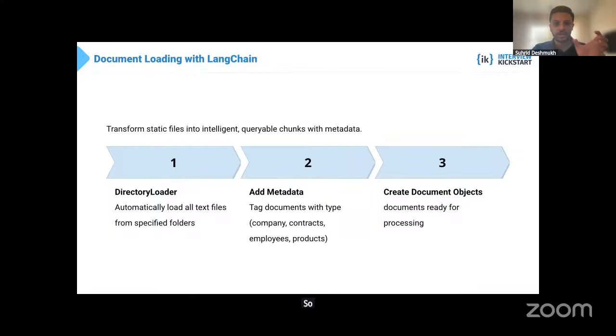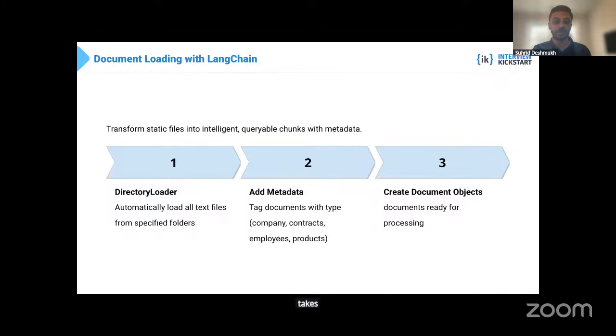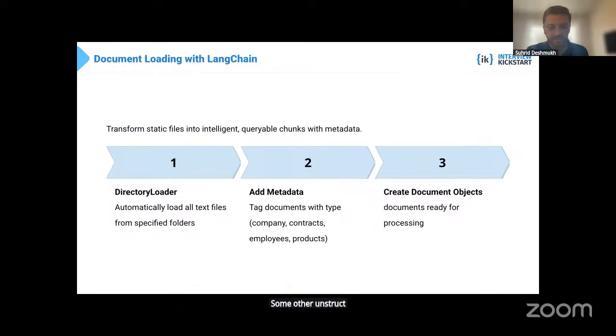Another thing that LangChain provides you with is something known as a document loader. What that does for you is that it takes a series of documents that you can parse through. They could be text files, PDF files, CSV files, some other unstructured data, and it transforms all of that data into queryable chunks.